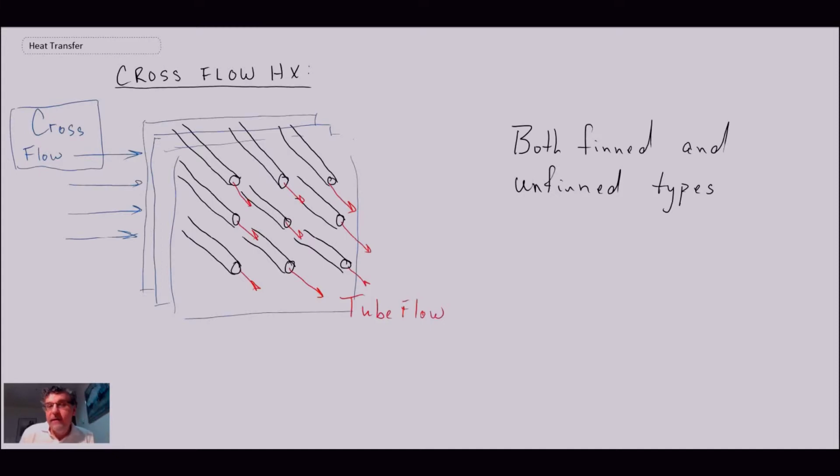If you have fins like that, the fluid will not be able to mix in the cross plane in terms of the cross flow. And the tube flow, obviously the fluid there is not going to mix because they are all in individual tubes.